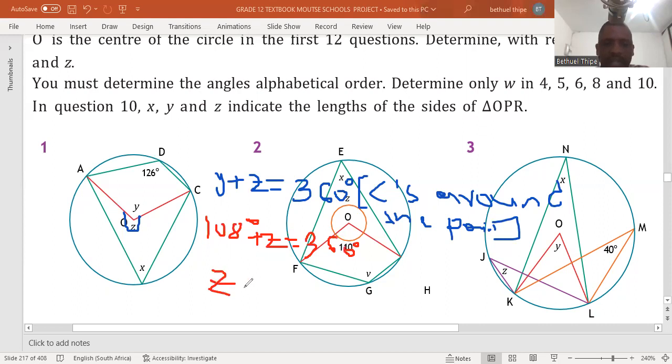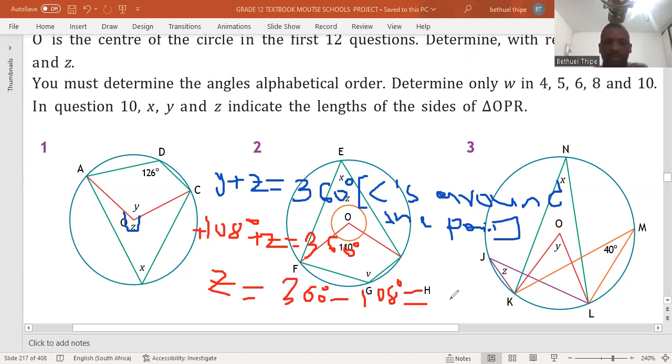Then we have z is equal to 360 degrees minus 108. Remember, this 108 is positive, so when you take it to the right, it becomes negative. So we have 108 degrees. Then here, we can obtain a number.